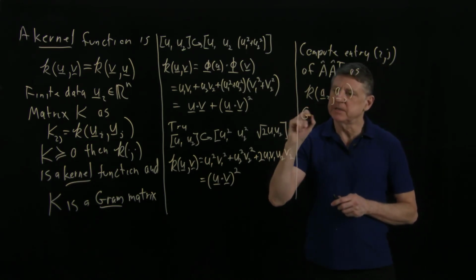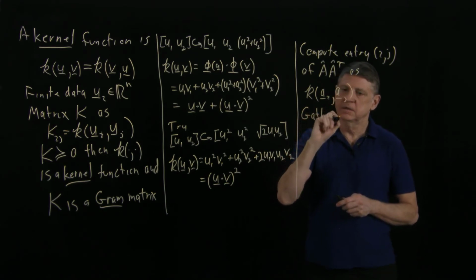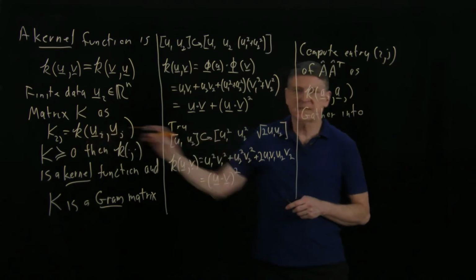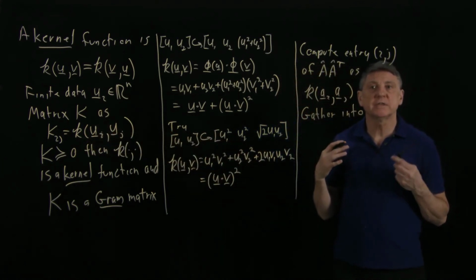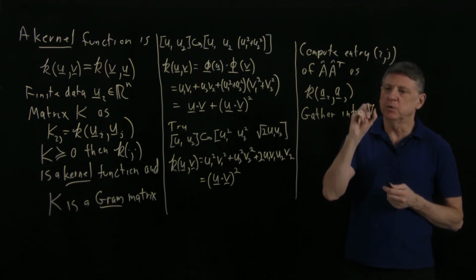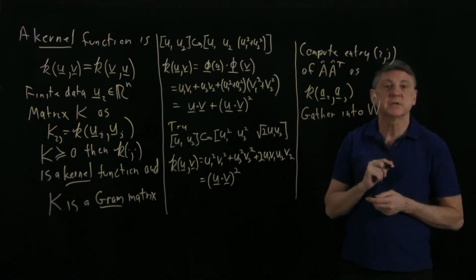And we'll gather these into, so much of the literature refers to this as K. What we'll do is we'll call this a generalized weight matrix. So we'll gather these into, and we'll call that generalized weight matrix W hat.